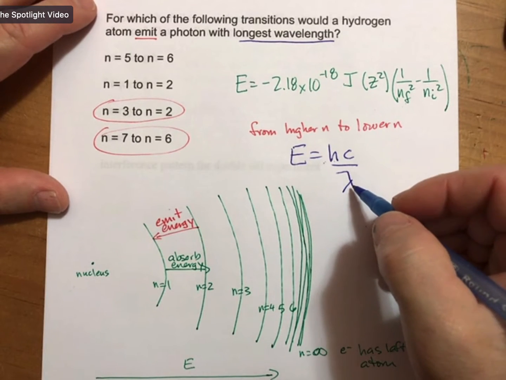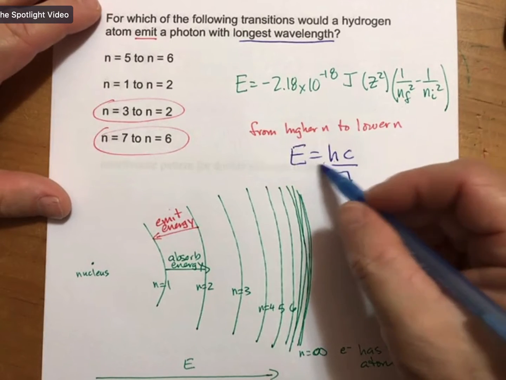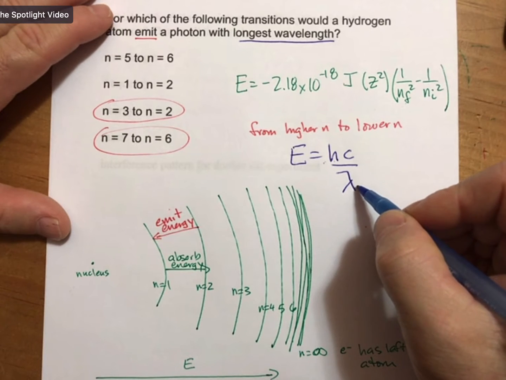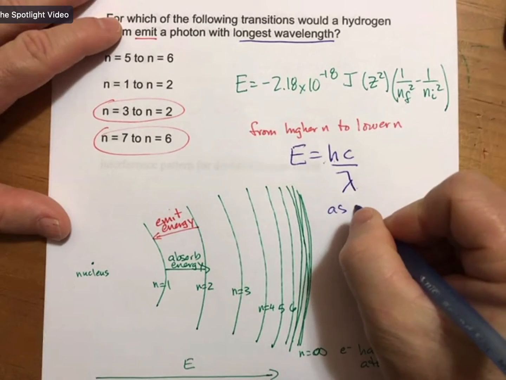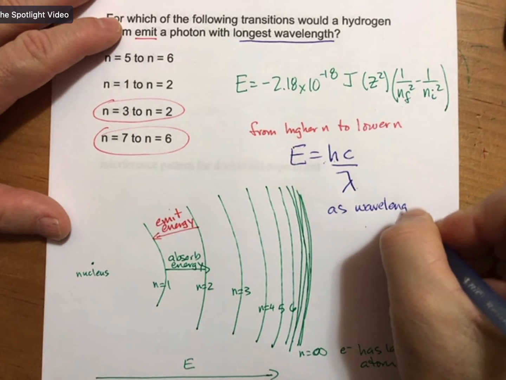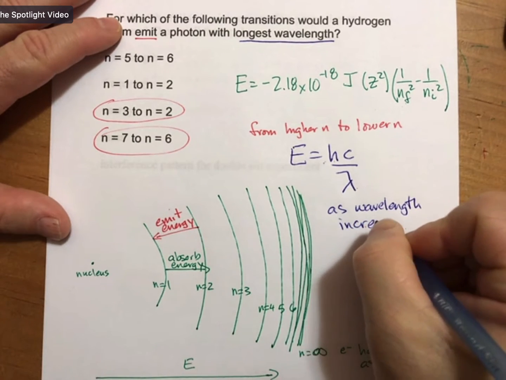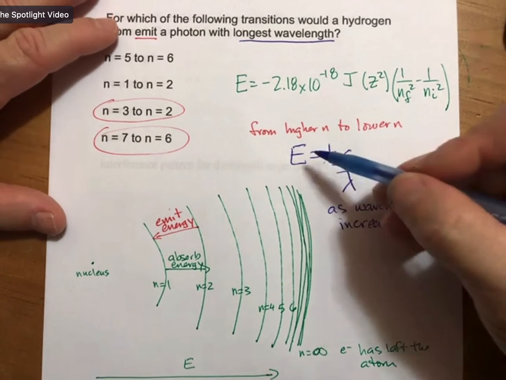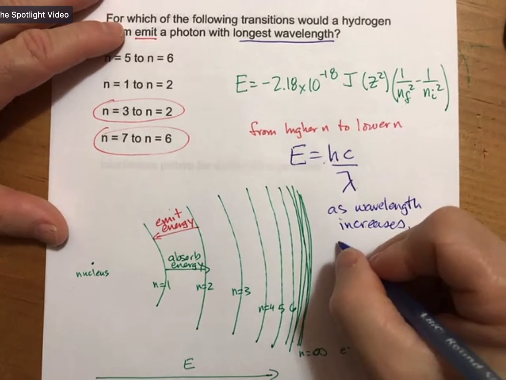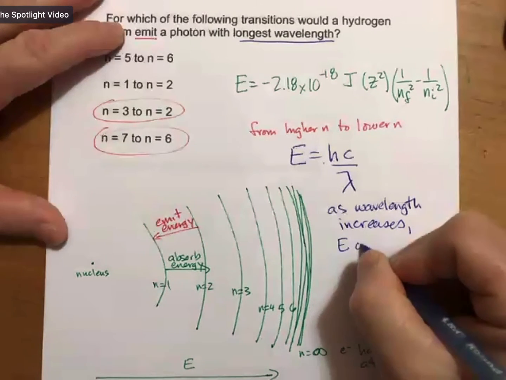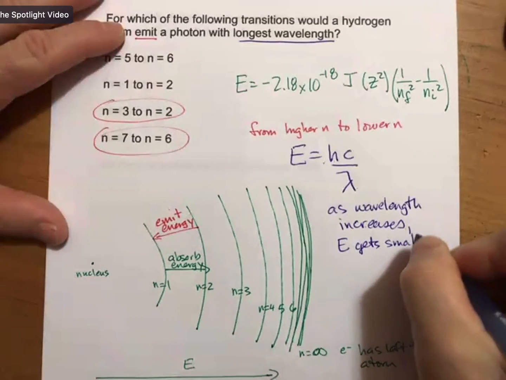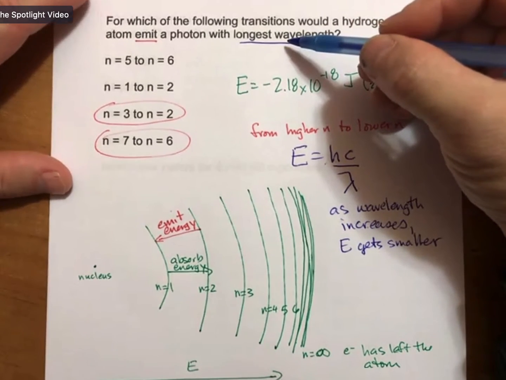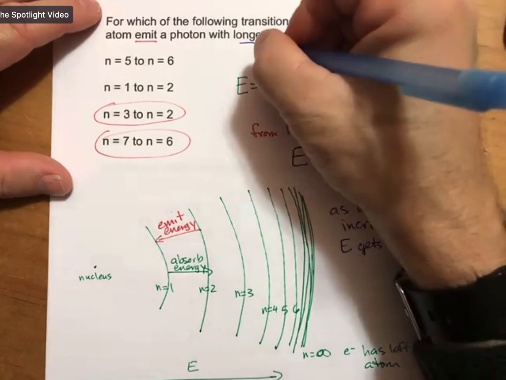What this equation means, whether you remember it or whether you can use this equation, is that as wavelength increases, or as wavelength gets longer, this number in the denominator gets bigger, and so therefore the energy gets smaller. So this part of the question where it says longest wavelength means lowest energy.